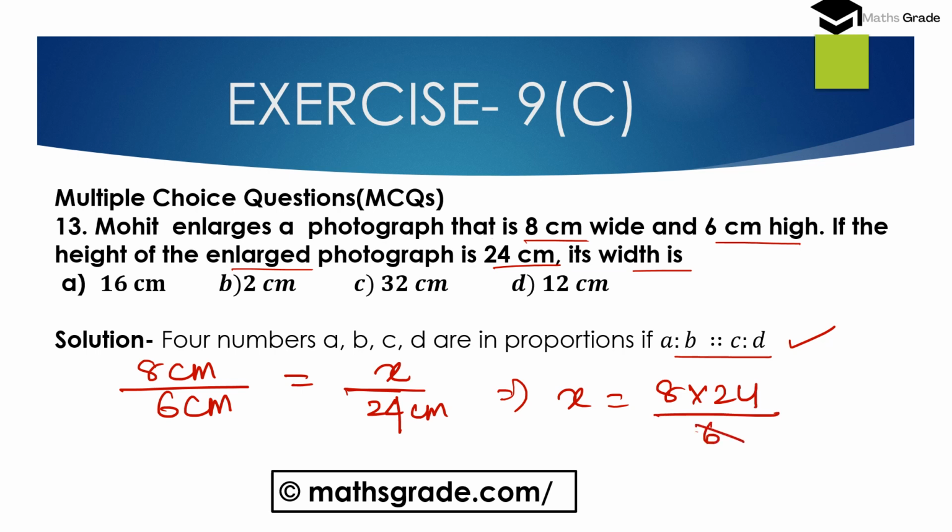Cancelling 6 with 24, 6 fours are 24. Now x is 8 multiplied by 4, which is 32 centimeter. So option C is the correct option. Its width will be 32 centimeter.